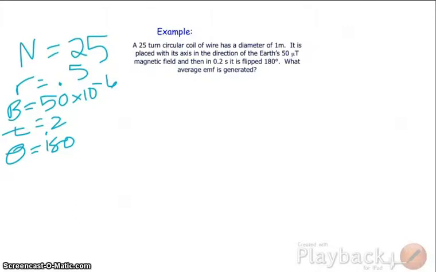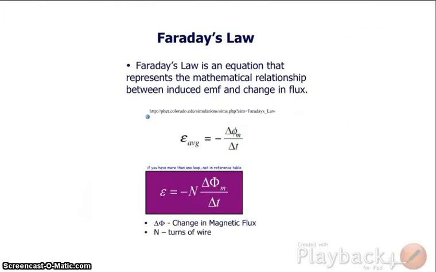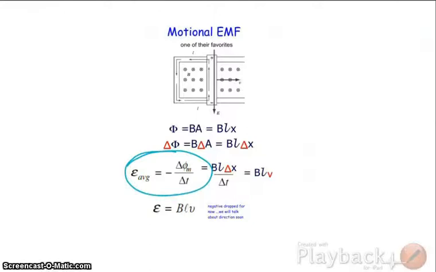So average EMF equals change in flux divided by change in T. Now this is not the one where we use X and T because we're not changing the area.